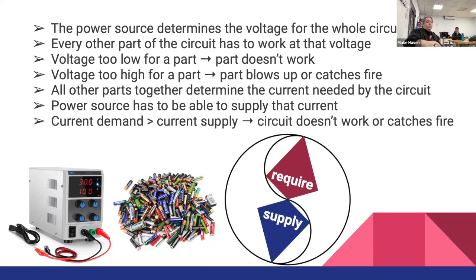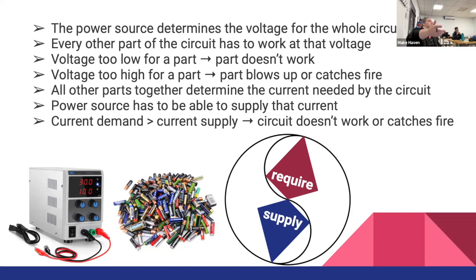And then all of the various components together determine how much current is needed. So when the circuit is operating properly, the voltage is getting converted into a certain amount of heat by the natural and proper operation of the components. That heat is really the current that's consumed by the circuit.